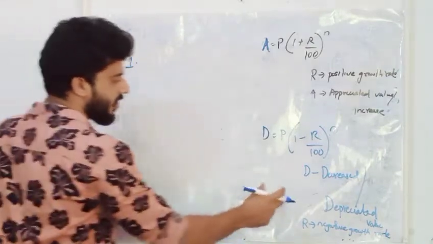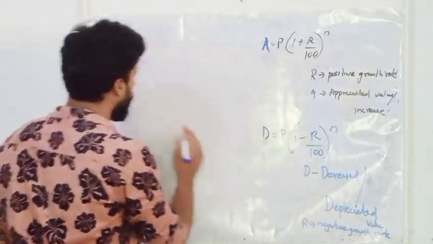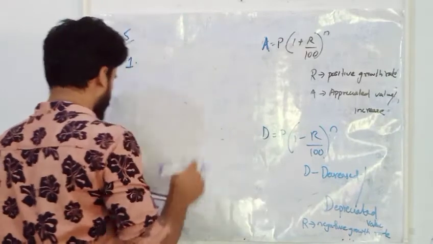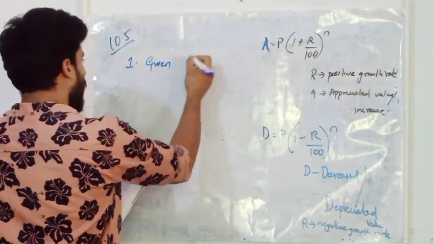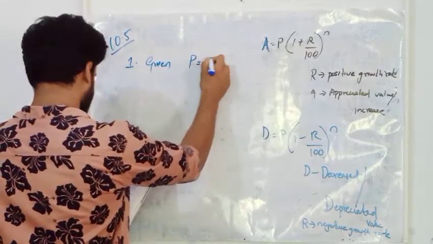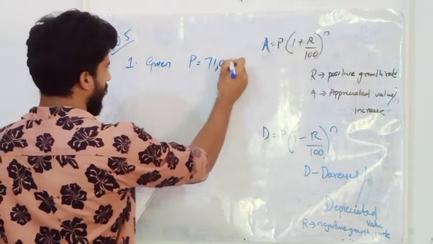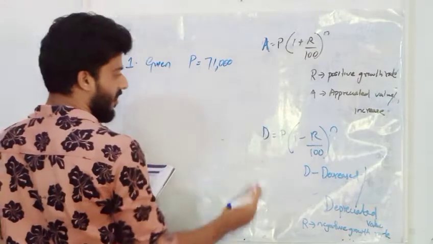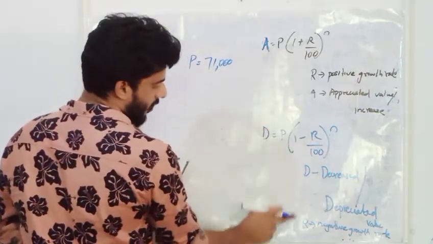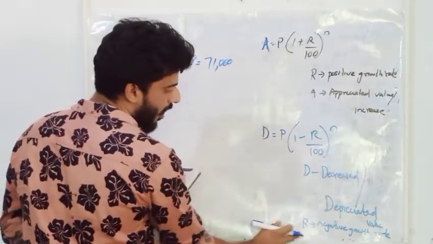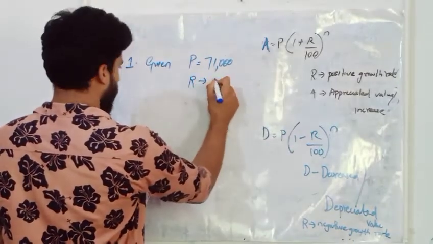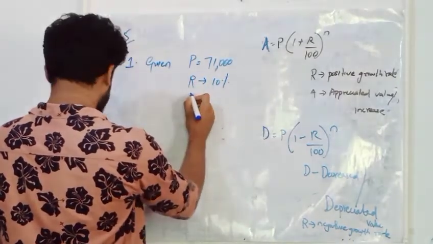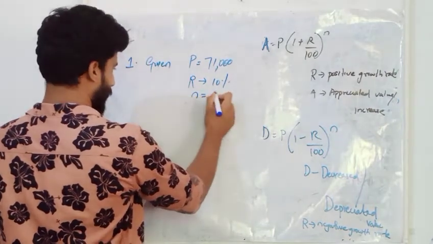So now, since it is decreased in the question, we are using this equation, and from the question, P is equal to 71,000. Here, in the case of depreciated value, R will be considered the negative growth rate. R is given as 10% and n is given as 6 years.